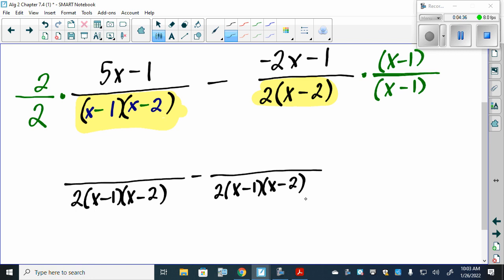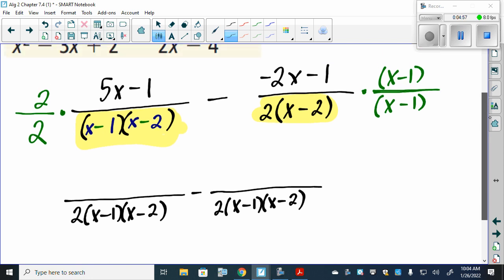I would make sure any of the terms that are being multiplied by everything, so here the 2, that greatest common factor, stays out front. It's going to be a little bit easier to work with if it's there. And the order of our parentheses, the x minus 1 and x minus 2, really doesn't matter. Write them however you feel, as long as we have both listed. Now the numerators we will multiply.